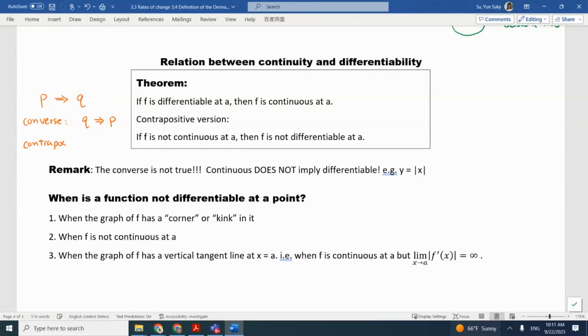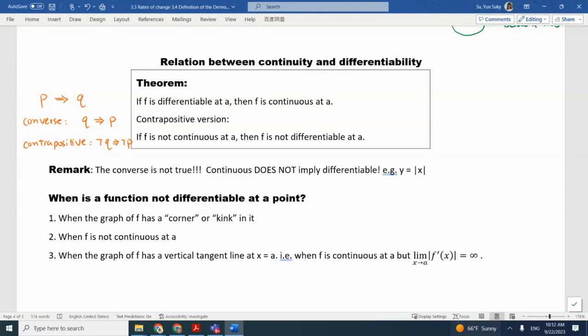The contrapositive statement will be not Q implies not P. Is that okay, everybody?